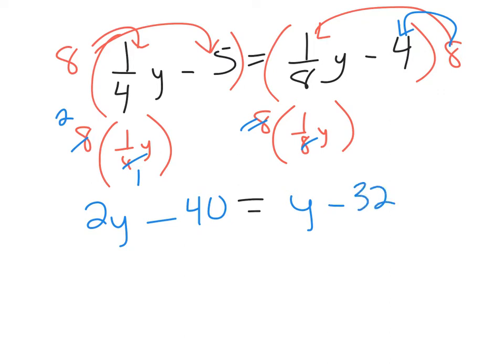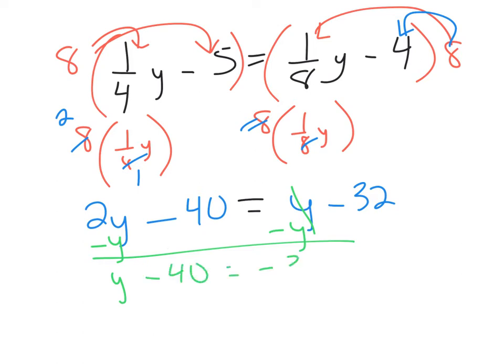So that means to solve for that completely, we would have to add 40 to both. Oh, no, sorry. That is not what I wanted to do. I want to get my variable on one side of the equation first. So I'm going to subtract that y from the right side and put it over there on the left. So eliminating it from the right side, that would leave me with y over on the left. Minus 40 is equal to negative 32.